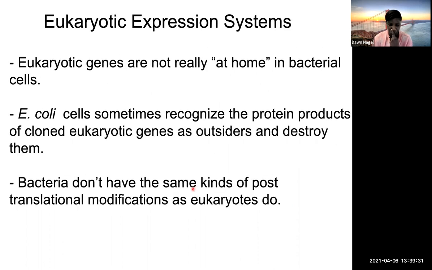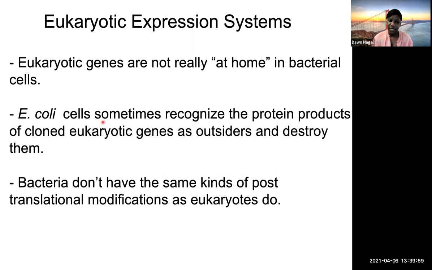So the other reason that you would need to use an expression vector is that eukaryotic genes are not always at home in bacterial cells, right? So they're not able to be processed properly in bacteria. Okay, you can make more of it, but in terms of actually studying gene function, they're not going to be able to function as well or have the same function in bacteria.